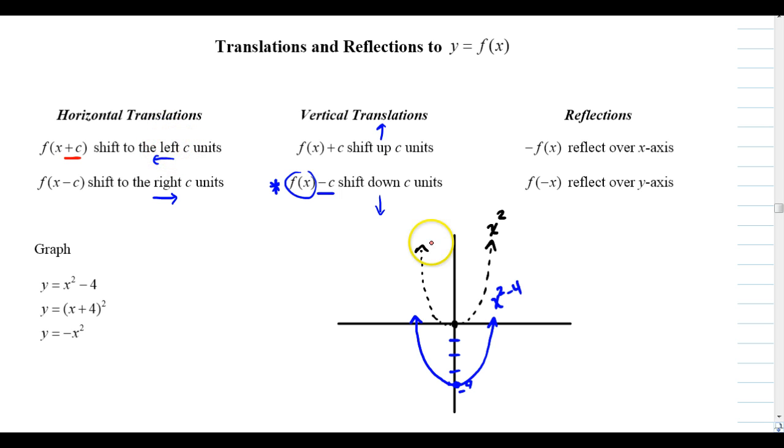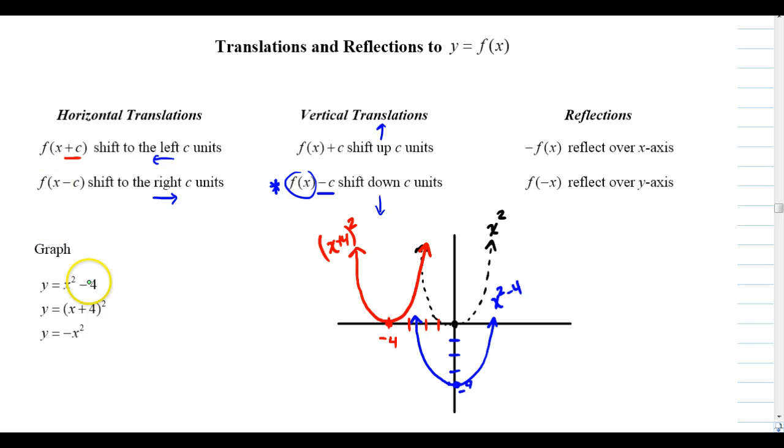If I'm adding 4, this original point is going to have to move 1, 2, 3, 4 units to the left. So this black dotted graph is going to turn into an upward facing parabola still, but shifted to the left 4 units. So this red graph is now the graph of (x plus 4) quantity squared, because I was affecting just the x value inside the parentheses, and the minus 4 was on the outside of the entire function in the first part of the problem.